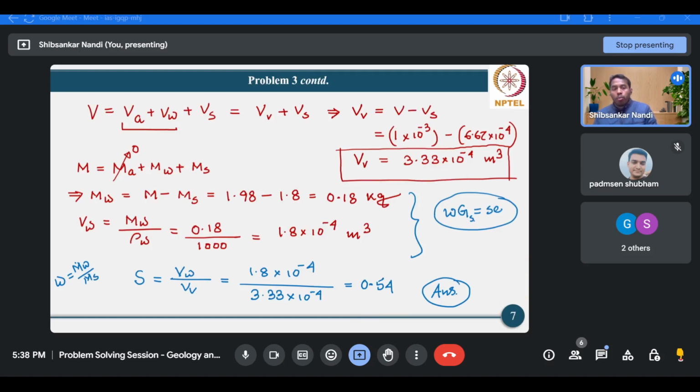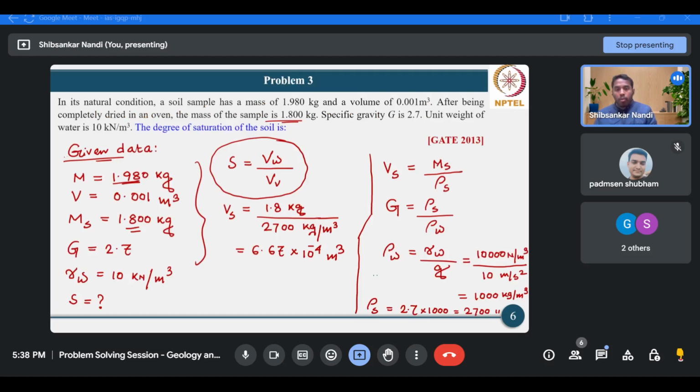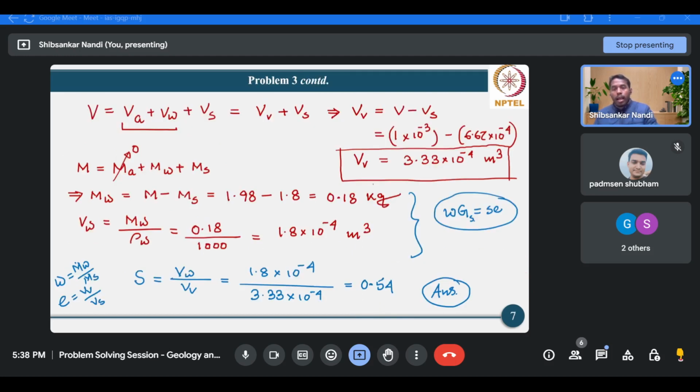Now coming to the void ratio, this would be Vb by Vs. Vs we have calculated as 6.67 into 10 to the power minus 4 meter cube, and Vb as 3.33 into 10 to the power minus 4 meter cube. So once these two entities are known to us, we can easily employ this relationship to calculate the degree of saturation of the given soil sample.